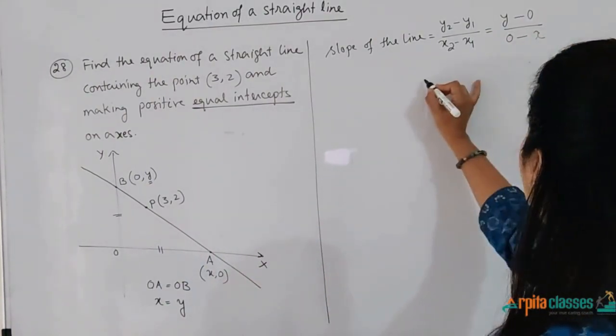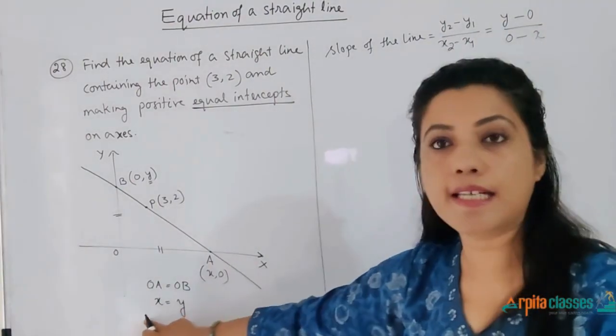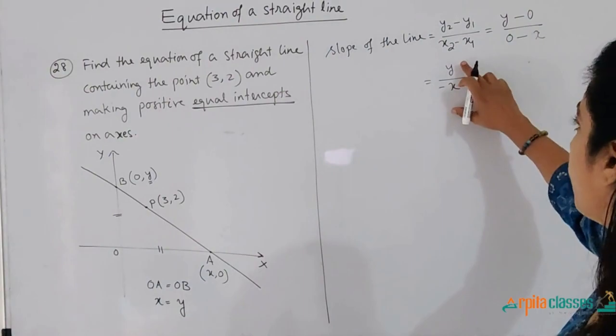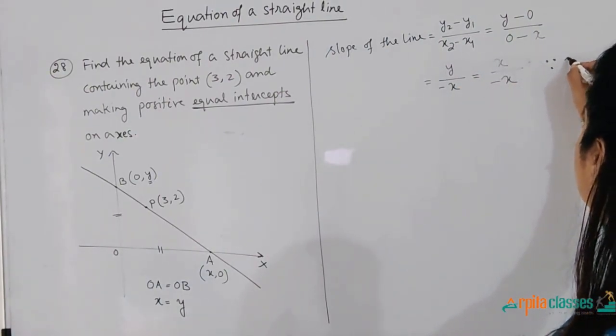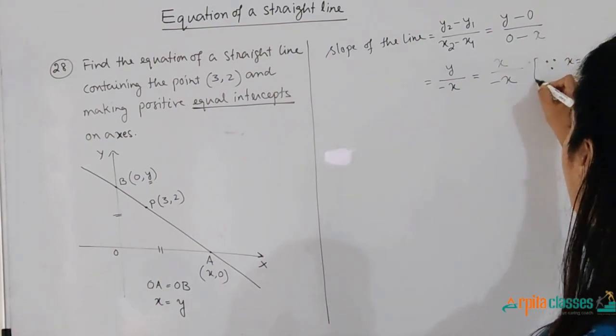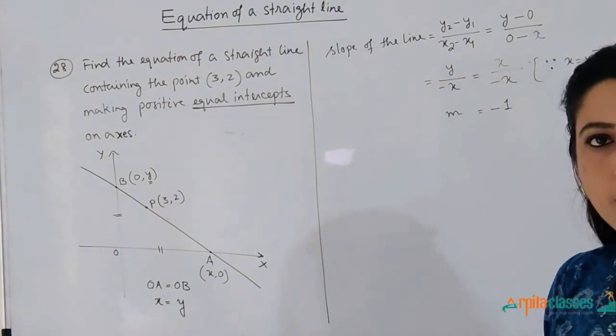So I can write y upon minus x, and now since x is equal to y, we can substitute y by x. So it is x upon minus x, and here you are getting minus 1. So the value of the slope is minus 1.